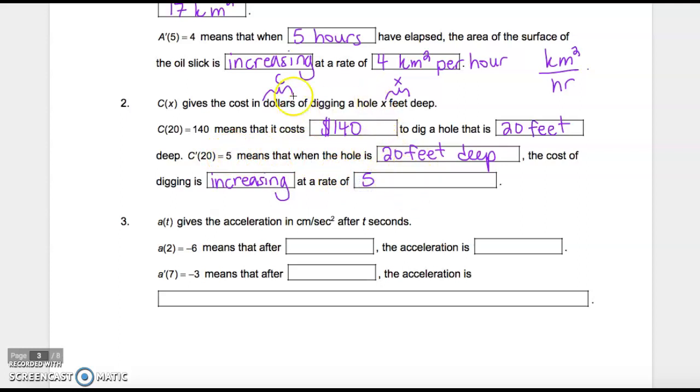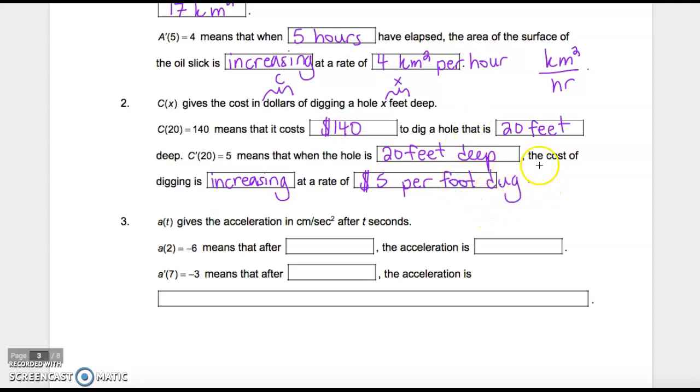So it'll be your dependent variable, the rate of C, over your independent variable. So I guess I should write $5 per foot dug. Not really sure about the present or past tense there.